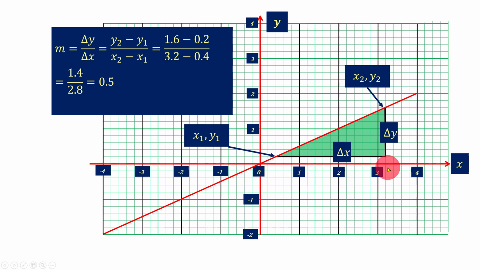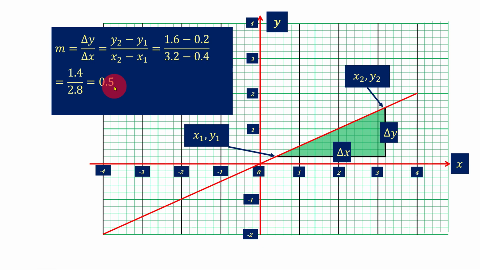So you can see the value of x2 is 3.2, while the value of x1 is 0.4. 3.2 minus 0.4, while the value of delta y is 1.6, just like we had read, 1.6 minus 0.2. And this gives us 1.4 divided by 2.8, which is 0.5.